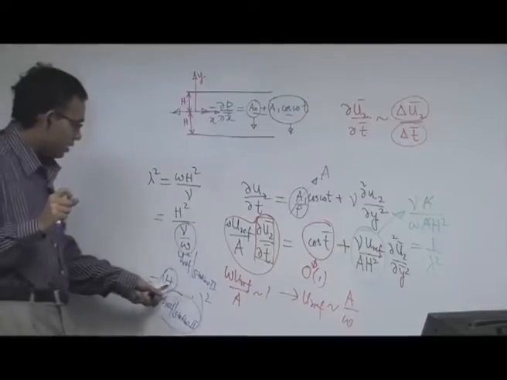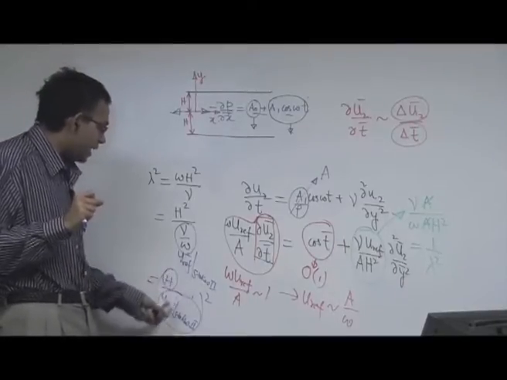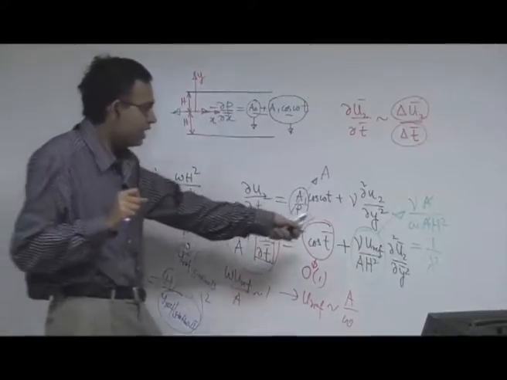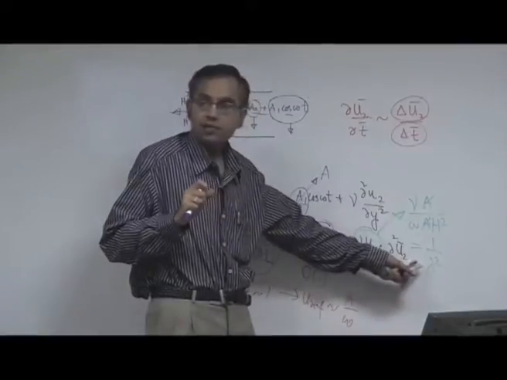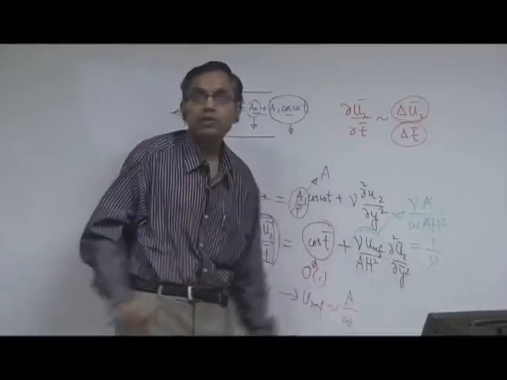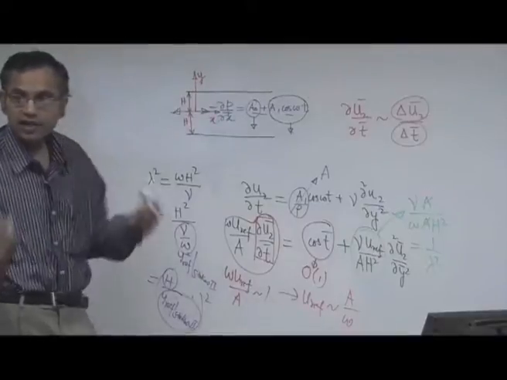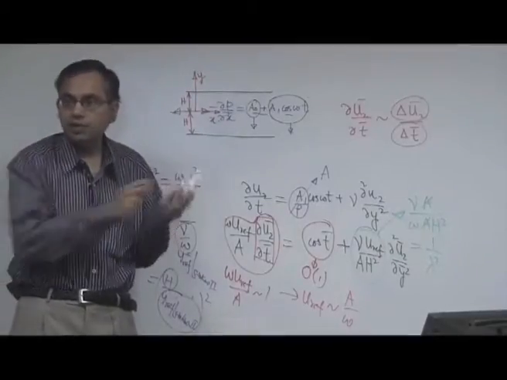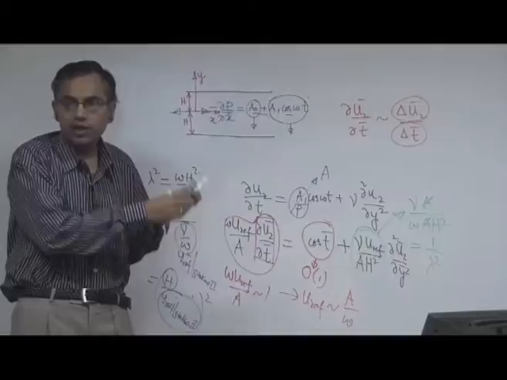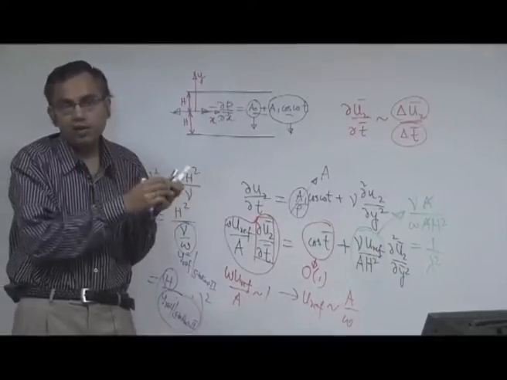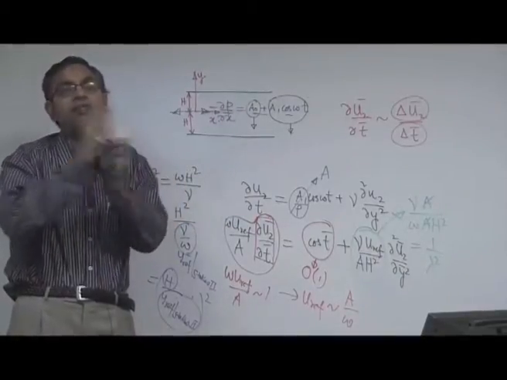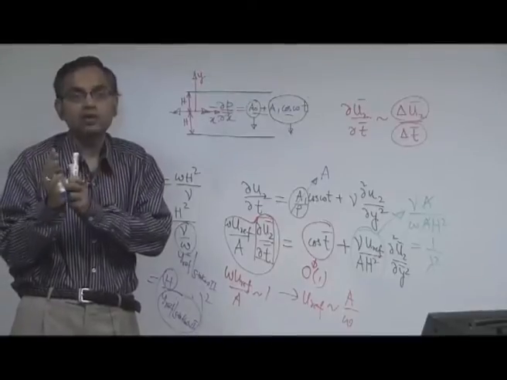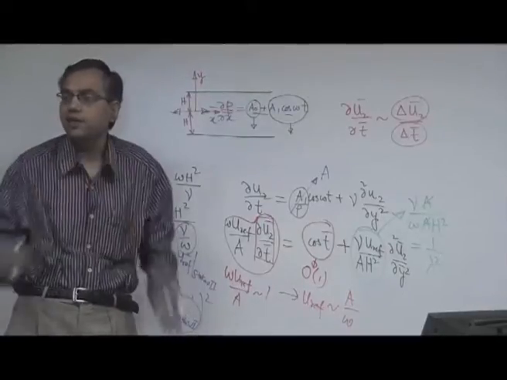So, that will decide, if that is small, then the resultant term here is 1 by lambda square. So, then that will be amplified. So, that governs the physics of the problem. See, I will work out the solution and we can do that pretty quickly, but it is always important to gain a physical insight while working out the solution rather than taking it just as a mathematical exercise.